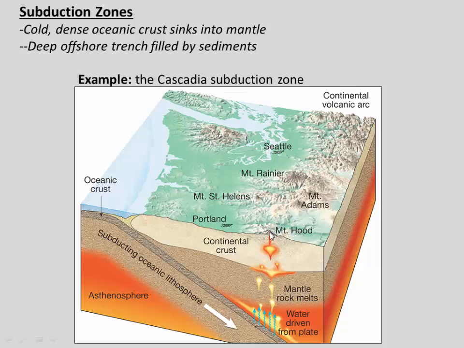For example, like we might see in the Cascades of the northwestern U.S. We might be familiar with some of these volcanoes, Mount Hood, Adams, Mount Rainier, just outside of Seattle. So these are all active volcanoes sitting above a subduction zone. Of course, they could erupt lava, which is new rock, and they have also new rock cooling beneath them.